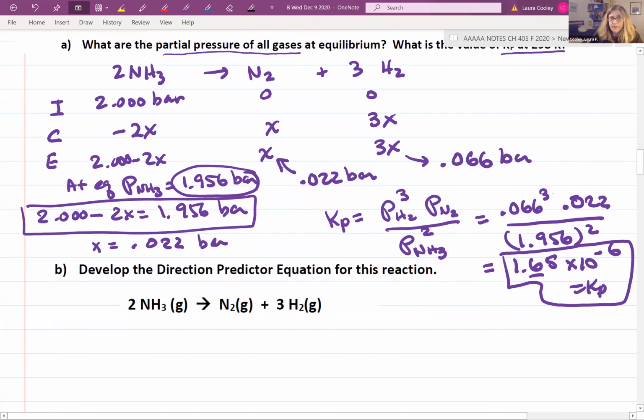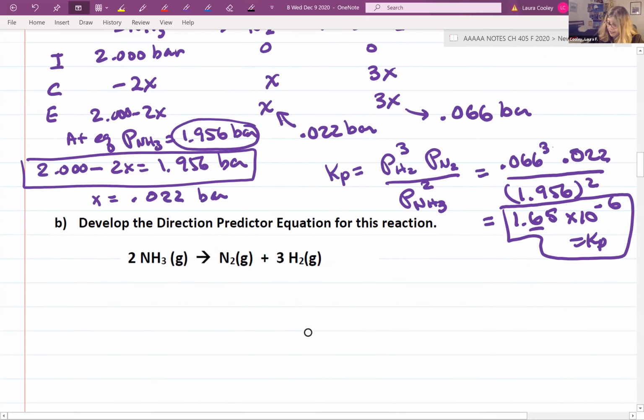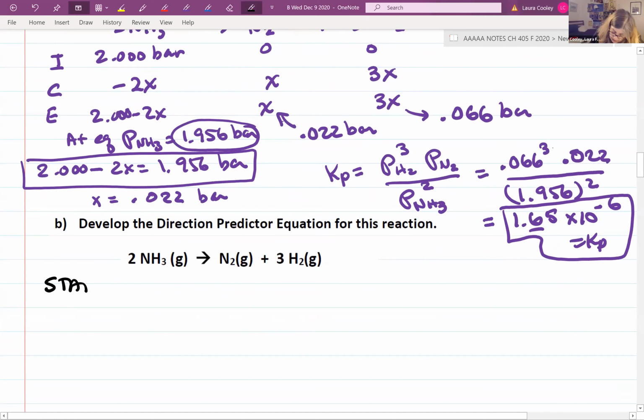Okay, so now the next part is develop the direction predictor equation. So, just would like to ask you, where do I start with this? Where do you always start with a develop the blah, blah, blah? You always start the same place.